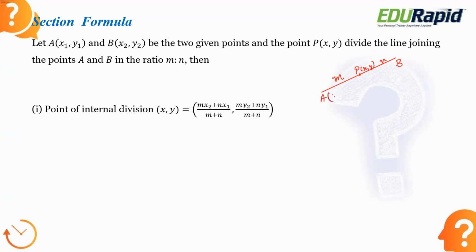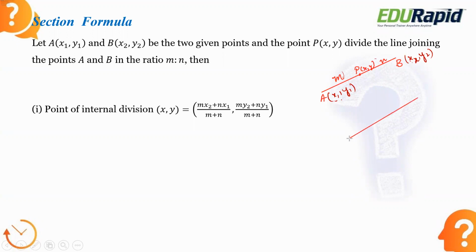Okay, so if you consider the points x1, y1 and x2, y2, then with the ratio, it is mx2 plus nx1 by m plus n, comma, my2 plus ny1 by m plus n. So that is for internal division, or when the ratio is inside the line.